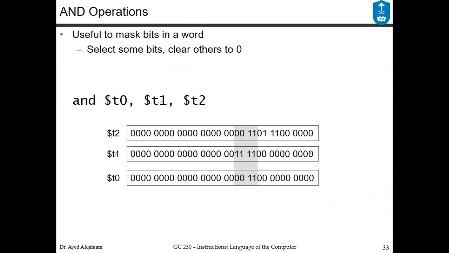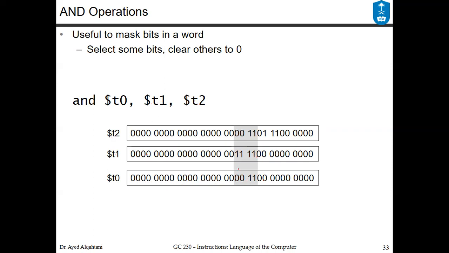So 0 ANDed with 0 is 0. In fact, every AND operation with 0 results in 0. This is why we have zeros here and all the way here, since one of the variables has zeros, or both. Only here we have ones in both variables. So 1 ANDed with 1 is 1, and 1 ANDed with 1 is 1, 0 ANDed with 1 is 0, 0 ANDed with 1 is 0.